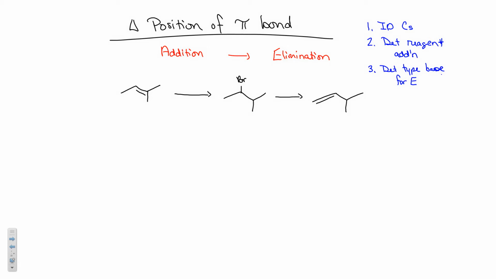So I have my carbons and I'm putting the bromine on the less substituted, because there are three carbons involved in this. My double bond initially is between these two carbons, right? The green ones.